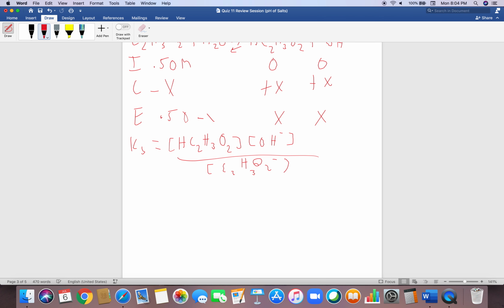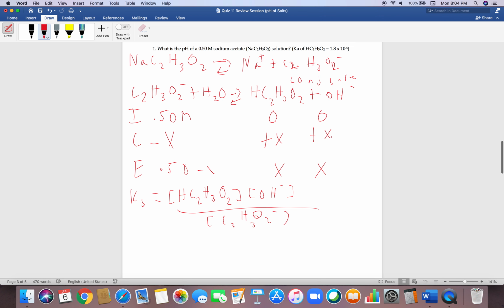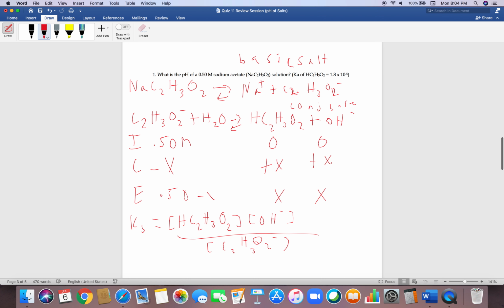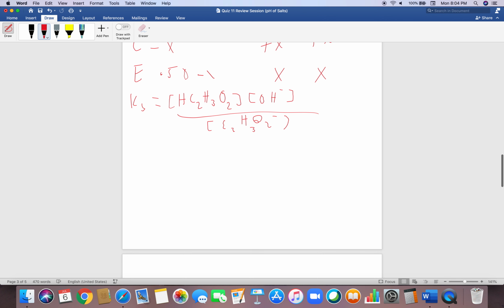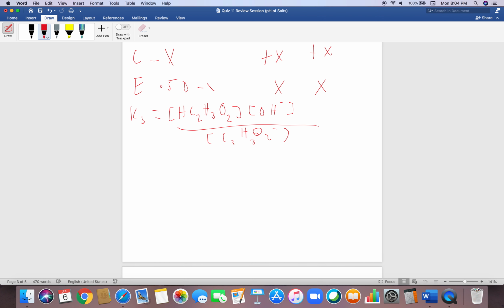So, what is my Kb? Well, I'm given the Ka. I didn't give you the Kb. Well, not a huge deal. We can just find it. The Kb is going to equal the Kw divided by the Ka.